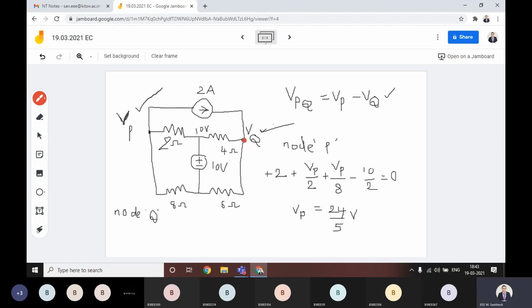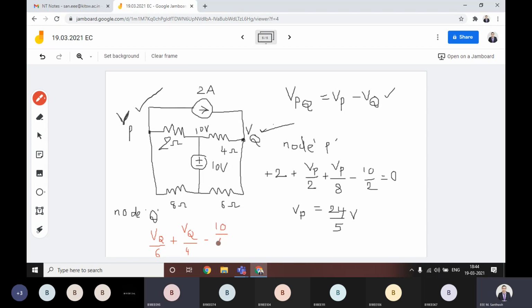Again, here at this node Q, VQ by 6 plus VQ by 4, this is 4. Then minus 10 by 4, that is voltage.